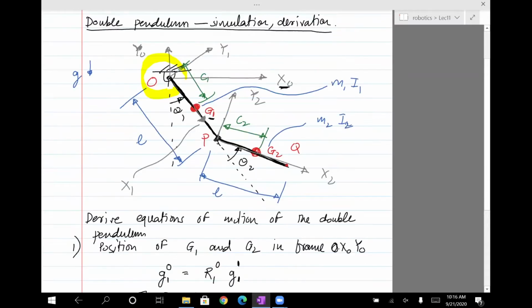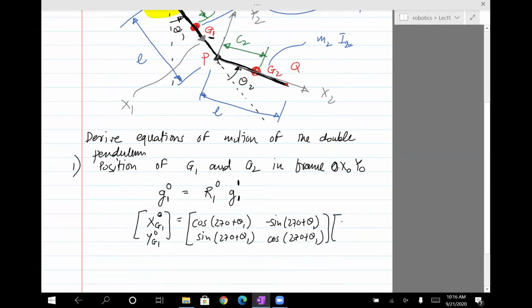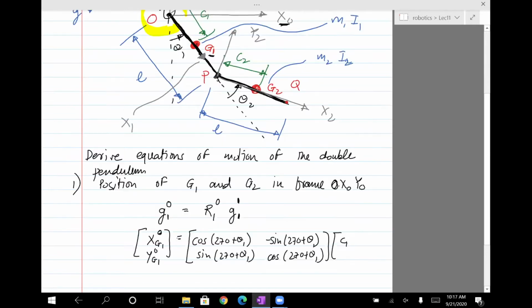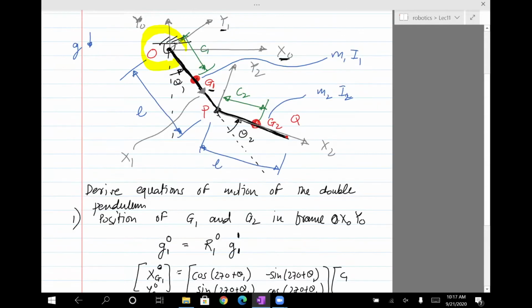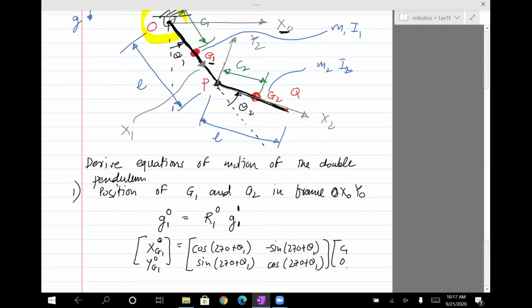Frame 1 is basically this frame. You can see that this frame has the origin at O, and so this length along x1 would mean that the position of G1 along x1 is going to be C1, and the distance of G1 along axis y1 is going to be 0. So we have 0.